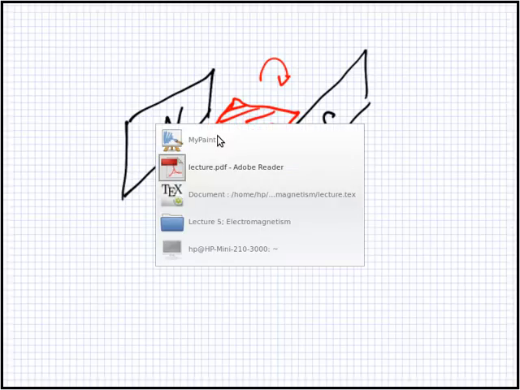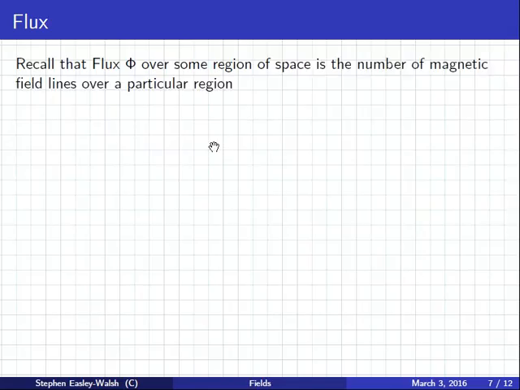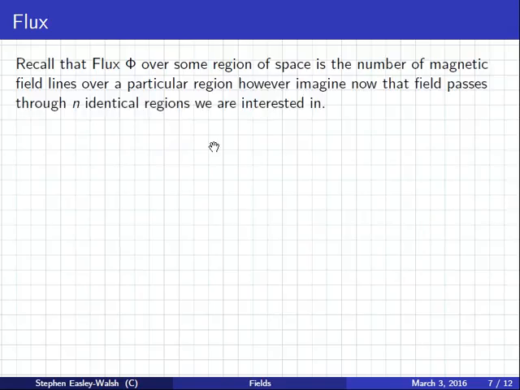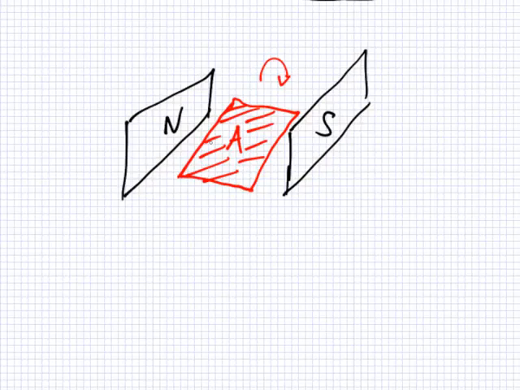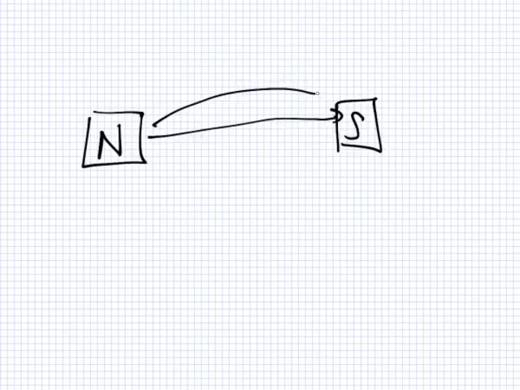Okay, remember that flux over some region of space is the number of magnetic field lines over that particular region. Imagine now that the field passes through n identical regions we are interested in. I'll try and draw it like this: north and south, and we have our magnetic field going around like this.